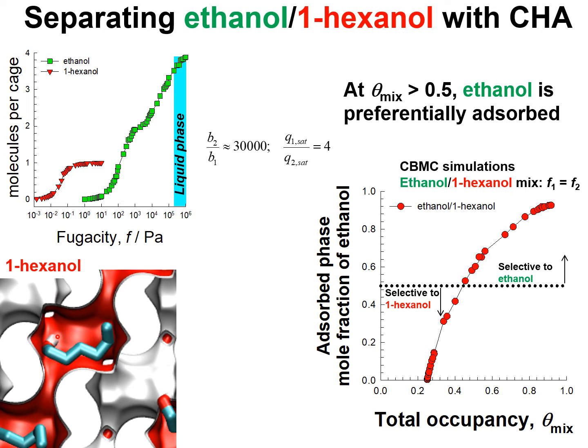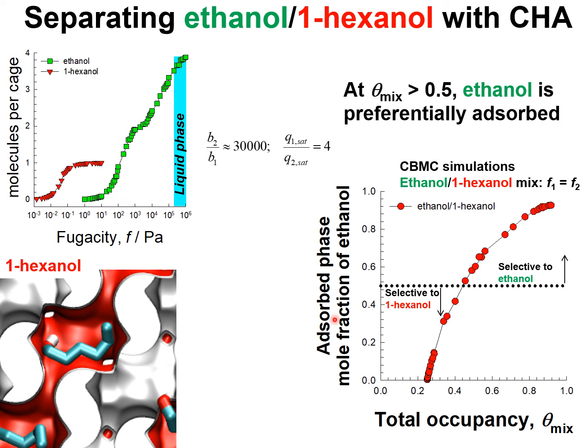Only one molecule of 1-hexanol can be located within a single cage of Chabasite zeolite. So the ratio of saturation capacities is 4, but the binding strength of 1-hexanol is 30,000 times higher than the binding strength of ethanol.